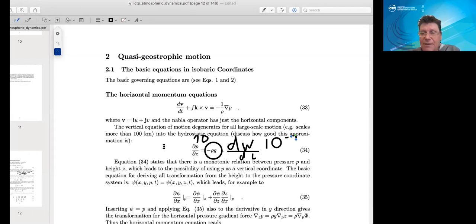The potential temperature, for example, is used as vertical coordinate, because approximately, not everywhere, so that law is a little bit shaky on some occasions, but dθ by dz, we know for a stable atmosphere, is always positive. So if that is the case, we may again use the potential temperature as vertical coordinate. That may have troubles if you go to the boundary layer and things like this. So you may encounter problems there.